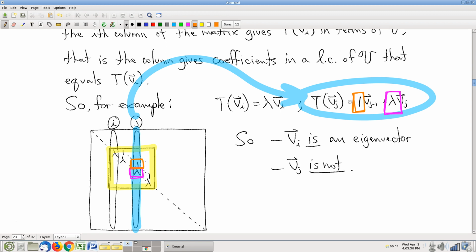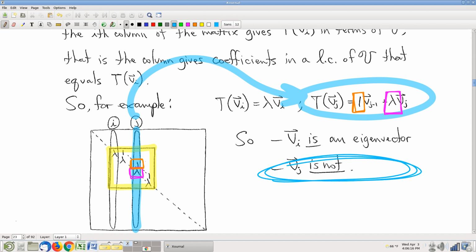And therefore, I know that for the jth column, T of Vj is not a multiple of Vj. It was trying to be a multiple of Vj, and then this other term crept in there because of that annoying little 1 above the diagonal, and that makes this not an eigenvector. So, not an eigenvector.